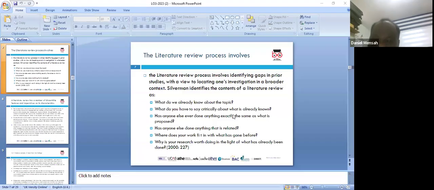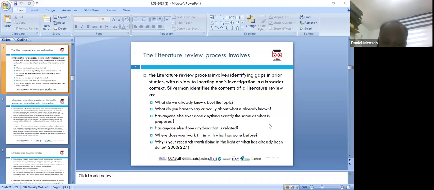What do you have to say critically about what is already known? Has anyone ever done something exactly the same as what you propose? Don't forget, your proposal should be something new, different from what already exists. It cannot be the same as the existing literature. Okay, it cannot be the same.